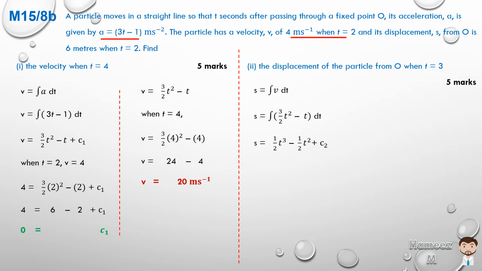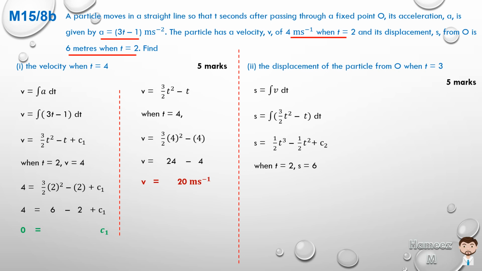So we have 3 unknowns here. And in order to find c2, let's find a position where we know the s and t values. So let's recall from above, s from O is 6 meters when t is equal to 2. So at that point, we know s and t. So let's substitute. When t is equal to 2, s is equal to 6 meters.